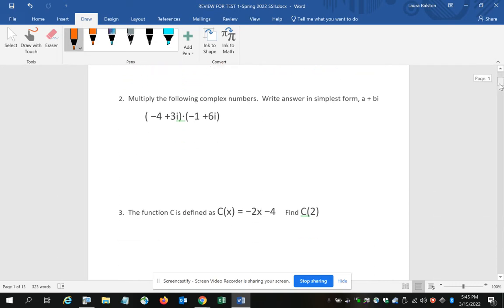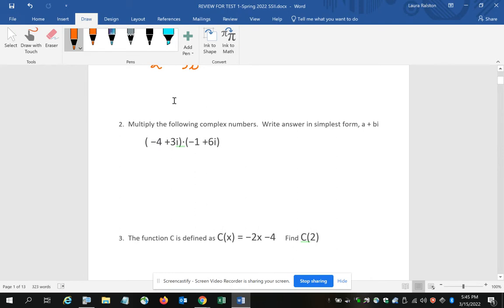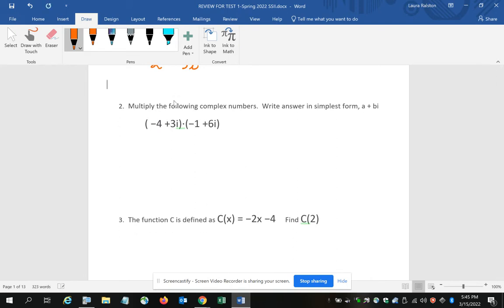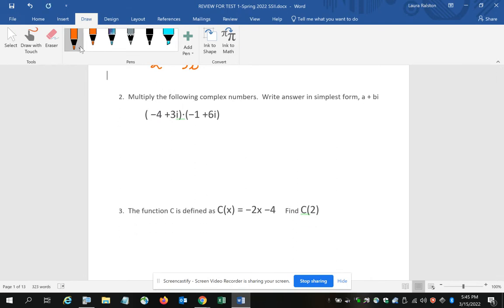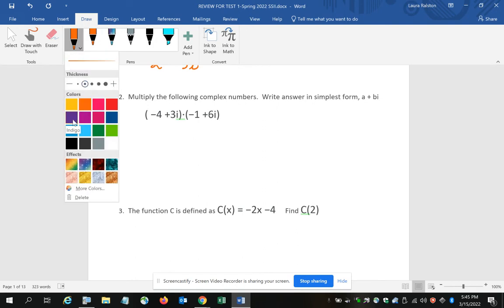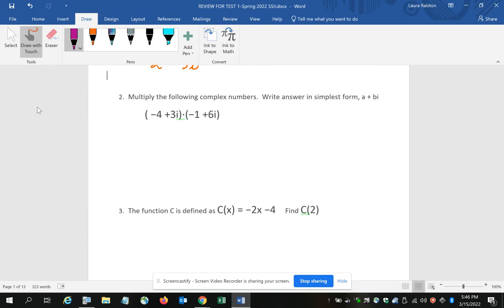Question 2 asks you to multiply the following complex numbers. And to multiply these two complex numbers, notice that you have a binomial or a two-termed problem times a binomial or a two-termed problem. And we learned a while ago in relationship to polynomials that to do that we use the process called FOIL.